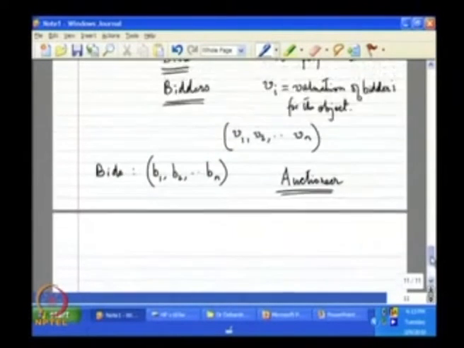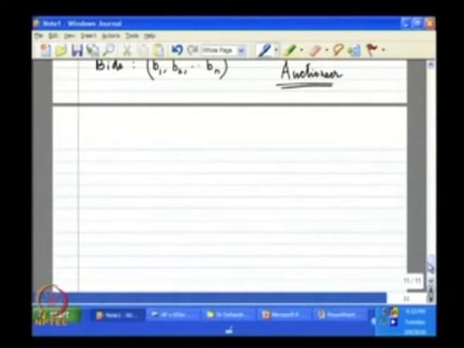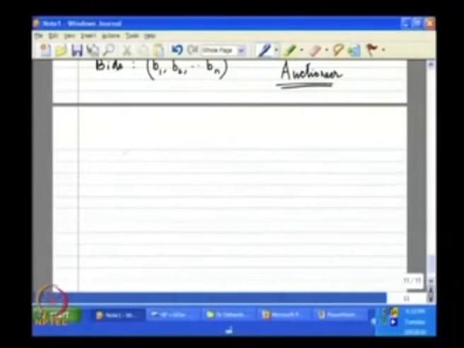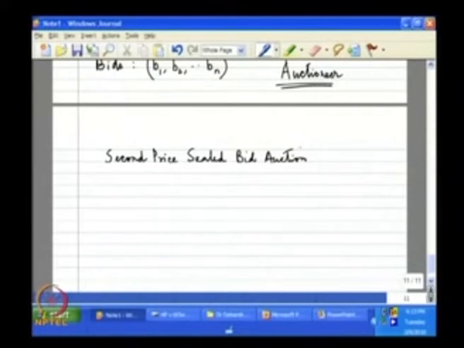Now, as I just said, there are different kinds of auctions. The first kind of auction that we shall deal with is known as a second price sealed bid auction.